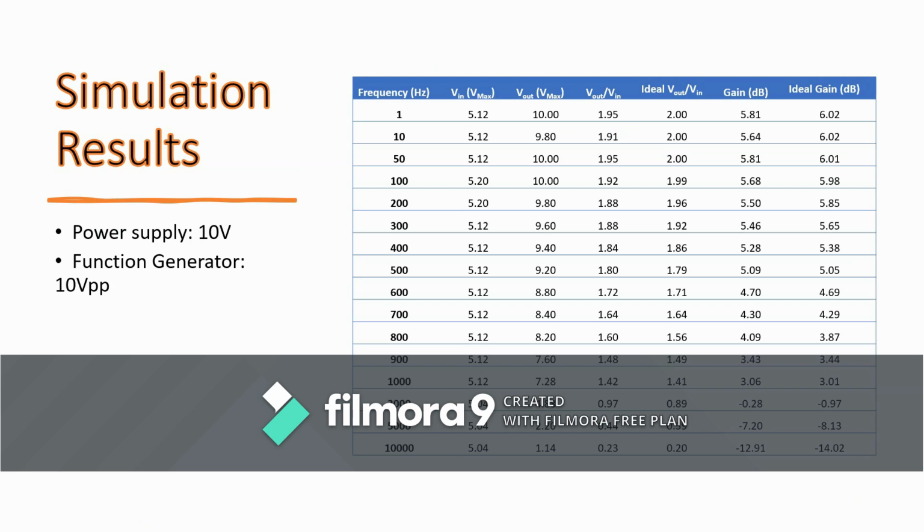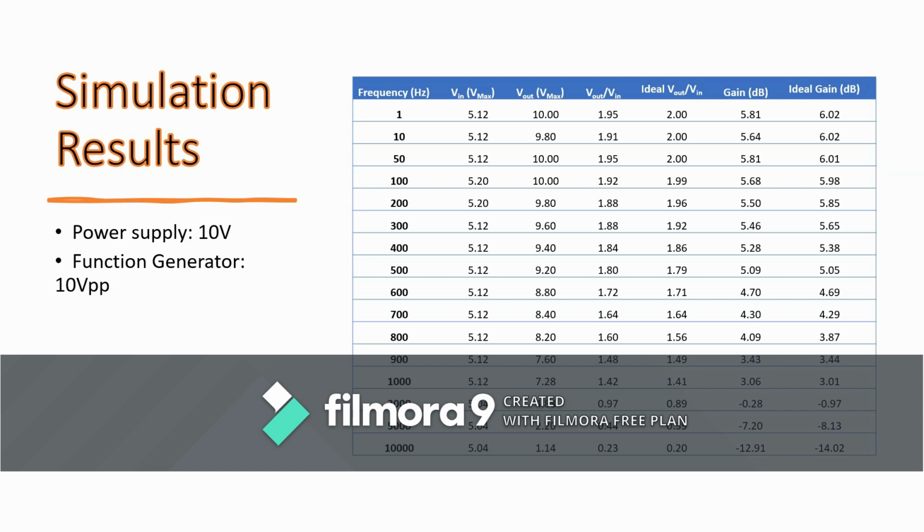So this is the practical result that I simulated in the lab. The power supply is set to 10 volts, and the function generator is set to 10 volts peak to peak, which is equivalent to 5 volts maximum.